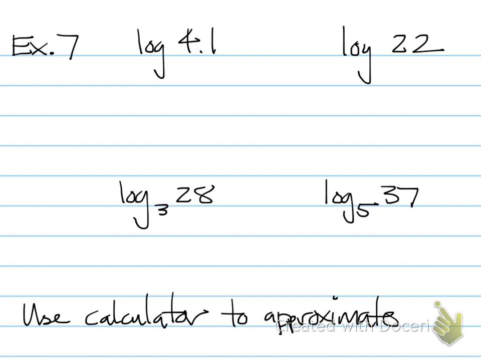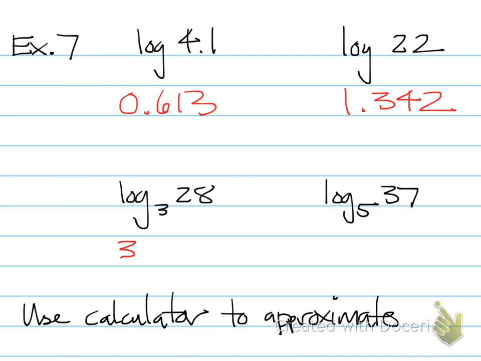So that's the log that's already on the front of your calculator. You just have to type in log of 4.1. Rounded to 3 decimal places that would be 0.613. Same thing for the second one. Whenever you type in log of 22, you get 1.342.